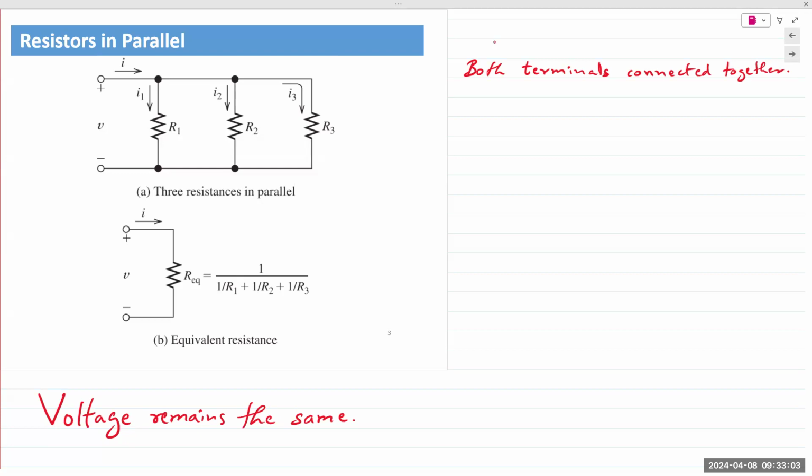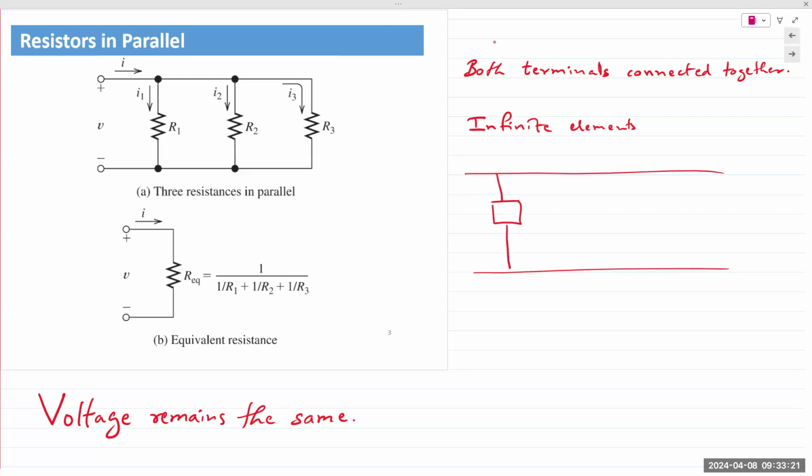And again, you can have an infinite number of elements all connected in parallel. It would look something like this. As long as there is no break in the middle, they're all said to be in parallel.